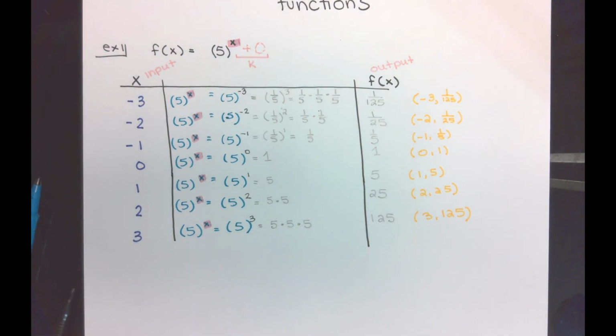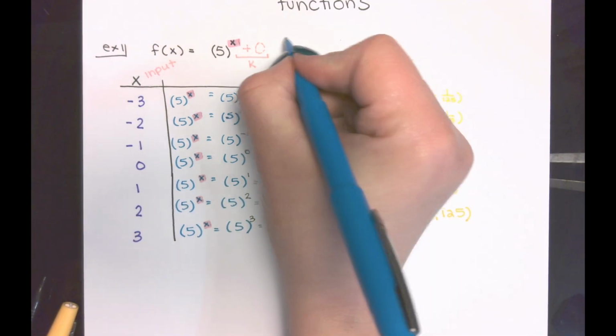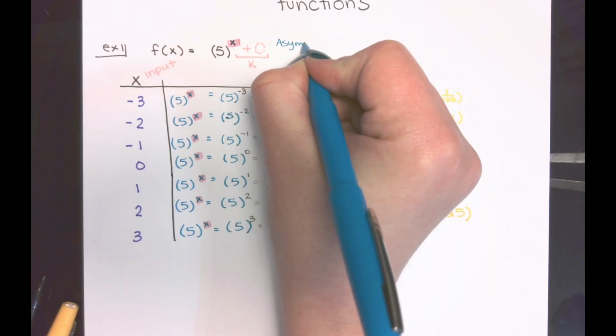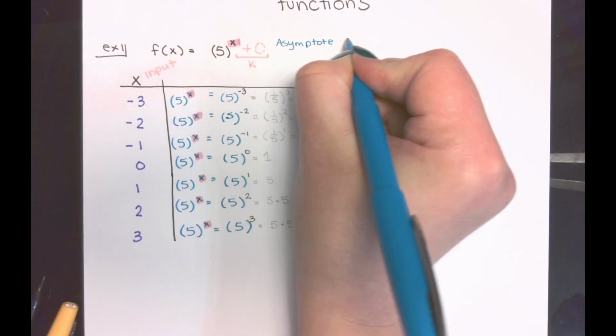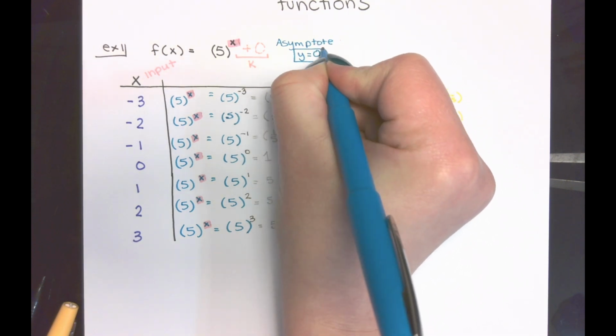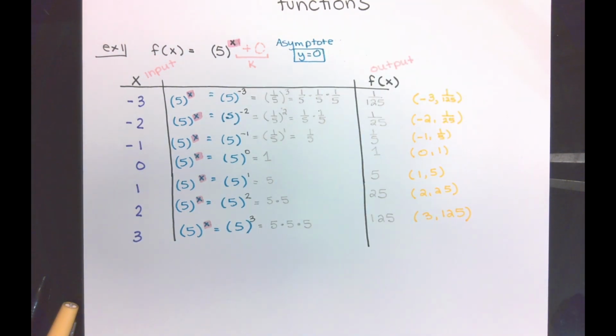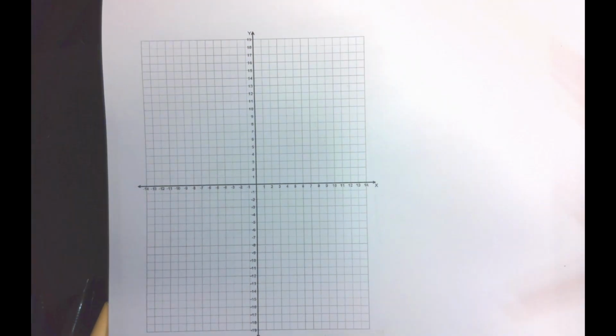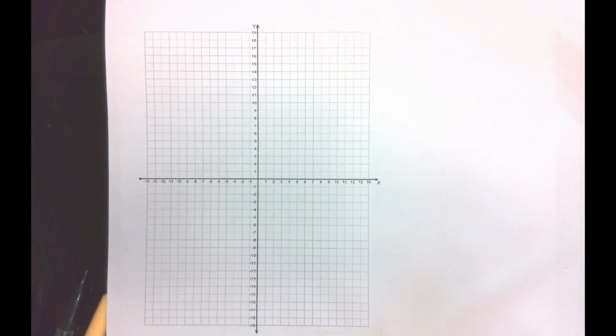This is called an asymptote. Let me spell that out. And an asymptote is a dotted line that we do not touch and we do not cross. So let's go ahead and graph this one here. I'm going to do a quick example. If you're doing this in your notes, try your best or use graphing paper.